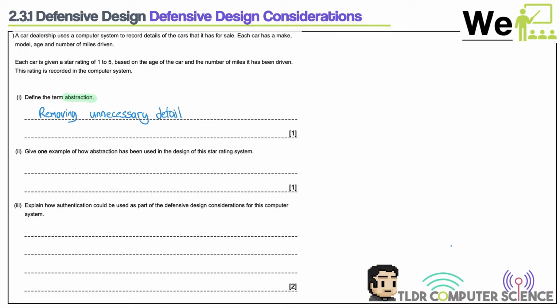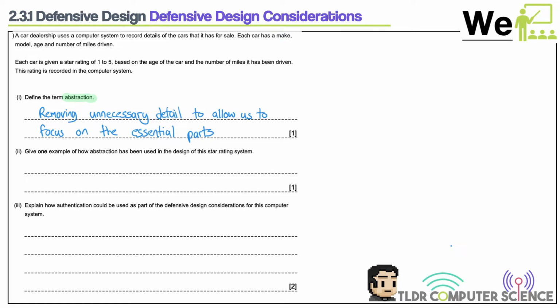And we do this because we want to be able to focus on the essential components of the system. Now it's asking us to give one example of how abstraction has been used in the design of the star rating system. So remember, we're about removing unnecessary detail from the problem to allow us to focus on the essential parts. So it's asking us really, what kind of details were not needed?